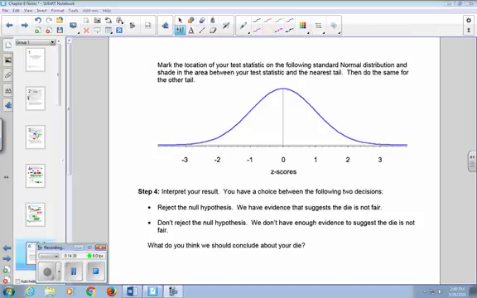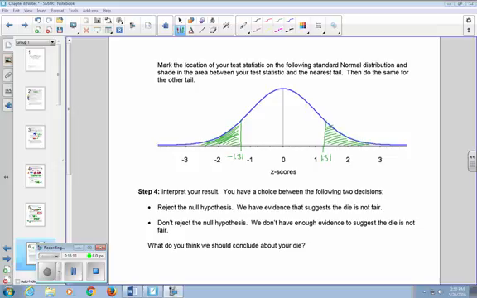Okay, so we're going to mark the location of our test statistic on the following standard normal distribution and shade in the area between your test statistic and the nearest tail. Then do the same for the other tail. So our test statistic was 1.31. It's roughly right about here. I'm going to shade in the area above it. These are all the test statistics that are that extreme or more. Then I'm going to come over to negative 1.31. And these are test statistics that are just as extreme and more extreme on the other side of the distribution.